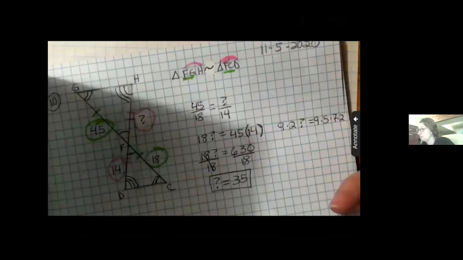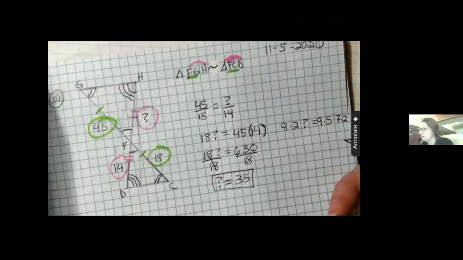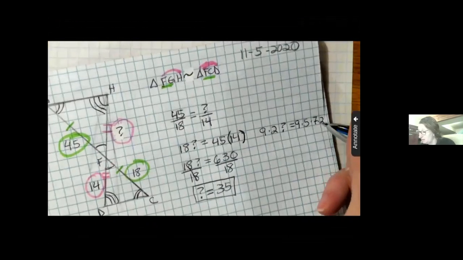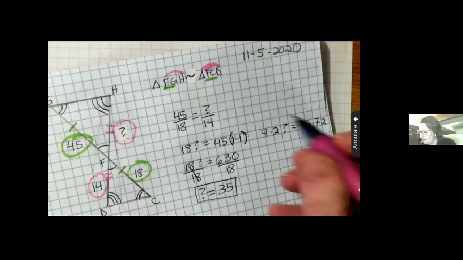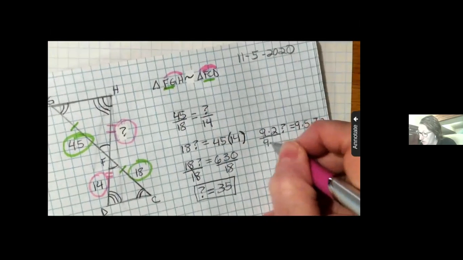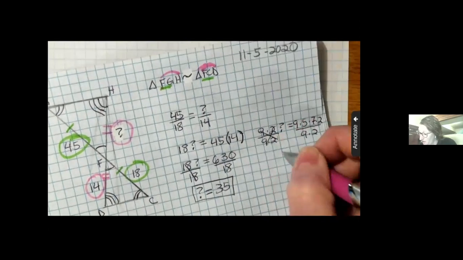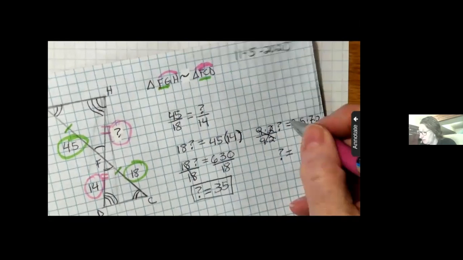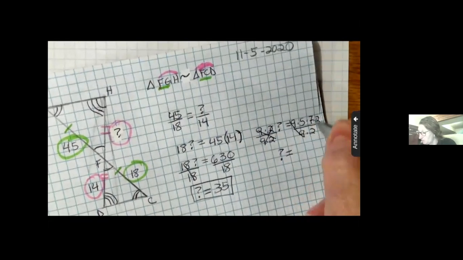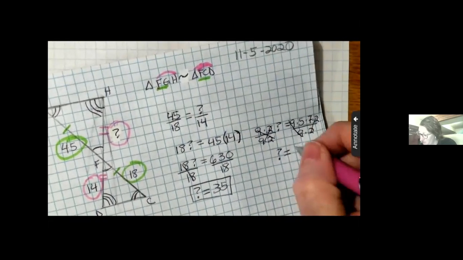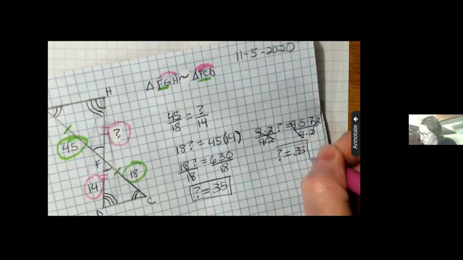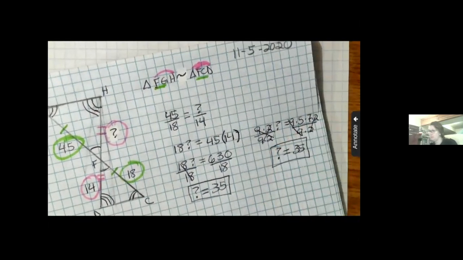Can you see that? Now if I divide by 9 times 2, those are gone, and you have the question mark. 9 goes away, 2 goes away. What's 5 times 7? 35. So you can do it that way too.